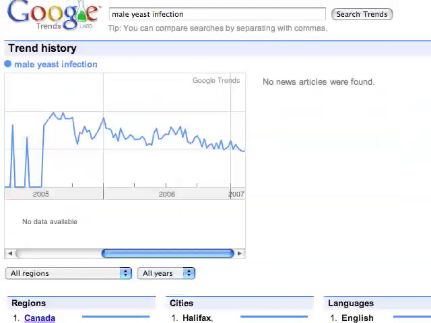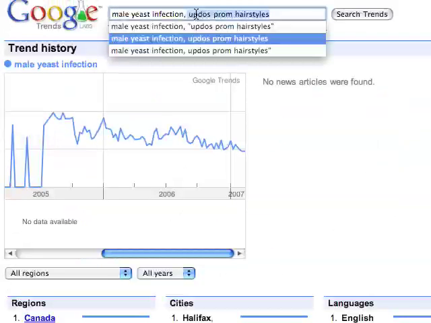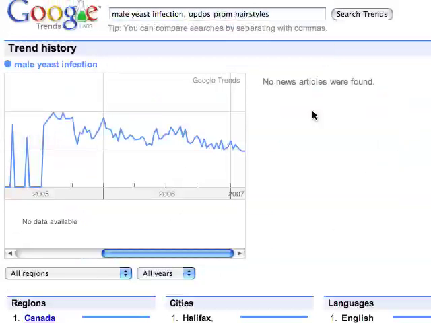Now, the real value of this tool is that now that we've got a baseline, a known keyword phrase which has a known traffic volume, we can cross-correlate traffic for a key phrase and compare them directly using Google Trends. An example that I'm going to show you is this key phrase here: updos prom hairstyles.